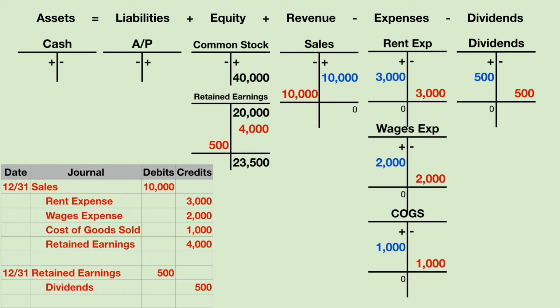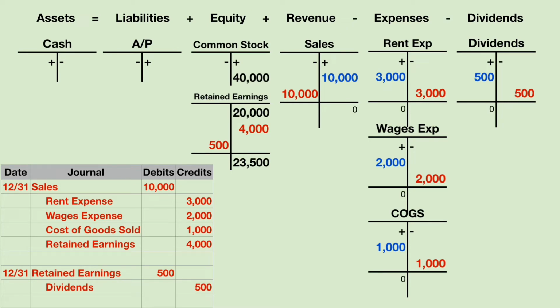We also credit rent expense for $3,000. Every number in the journal must also exist in the ledger. Let's look at wages expense. It has a debit balance of $2,000, so we insert a credit of $2,000 to close that account. And look at the journal. We also credit wages expense for $2,000.